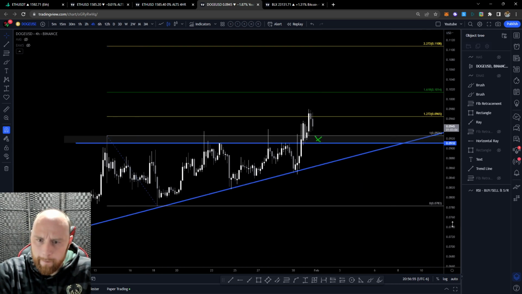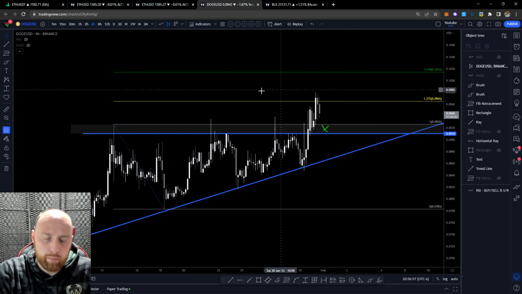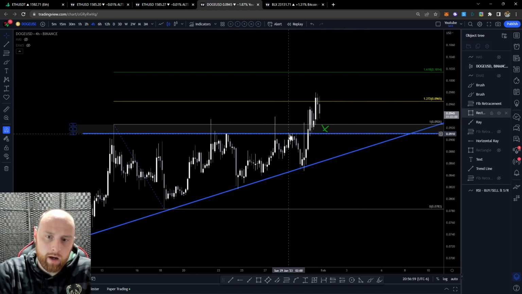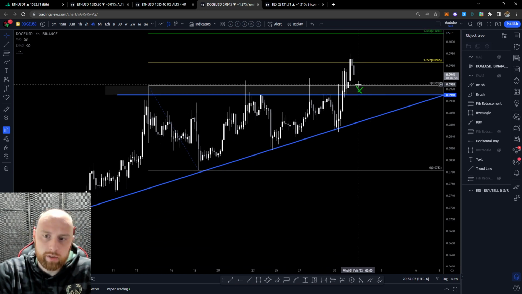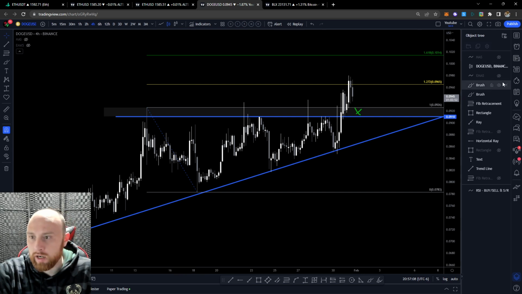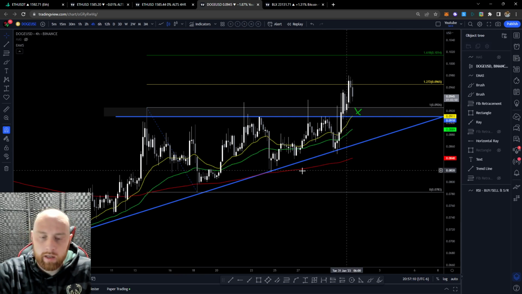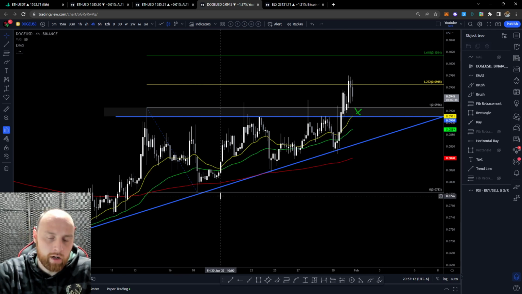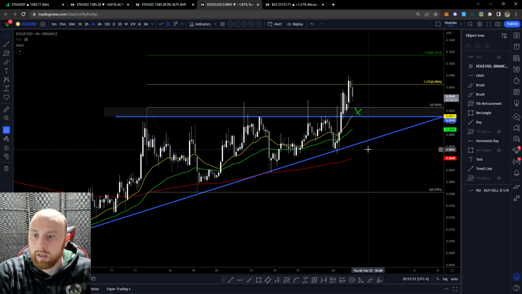And then you're going to want to buy previous highs. So this is the previous resistance, and then we can turn on our EMAs. And then another area to look for is buying the 21 EMA, the 50 EMA, and the 200 EMA as 3 levels to buy in.